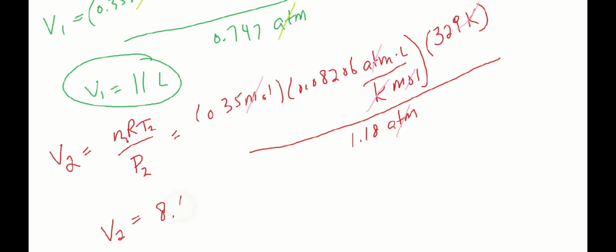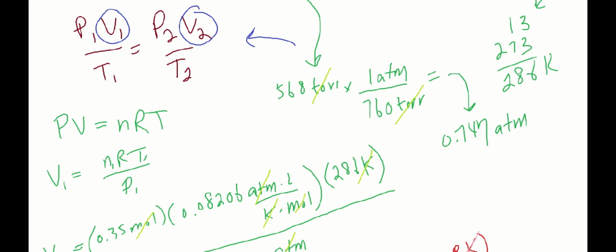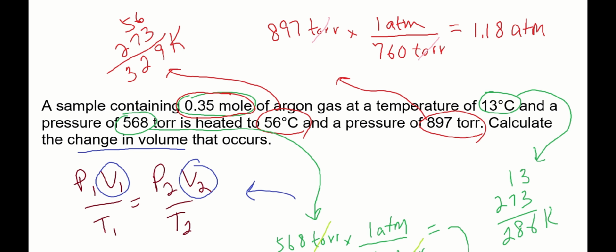Our final volume is 8.0 liters because we need 2 significant figures. The measurement that determines the number of significant figures is the value for moles. That measurement only has 2 sig figs. So our final answer can't be more precise than the least precise measurement.